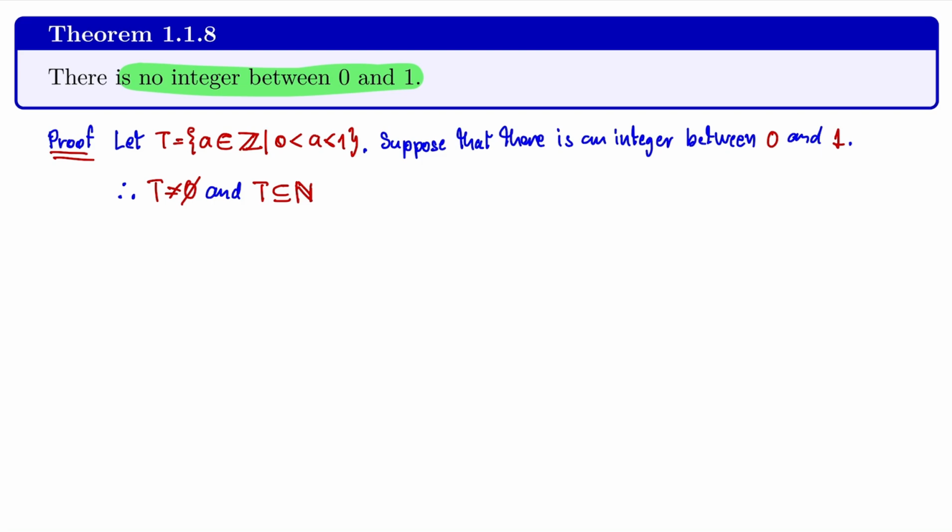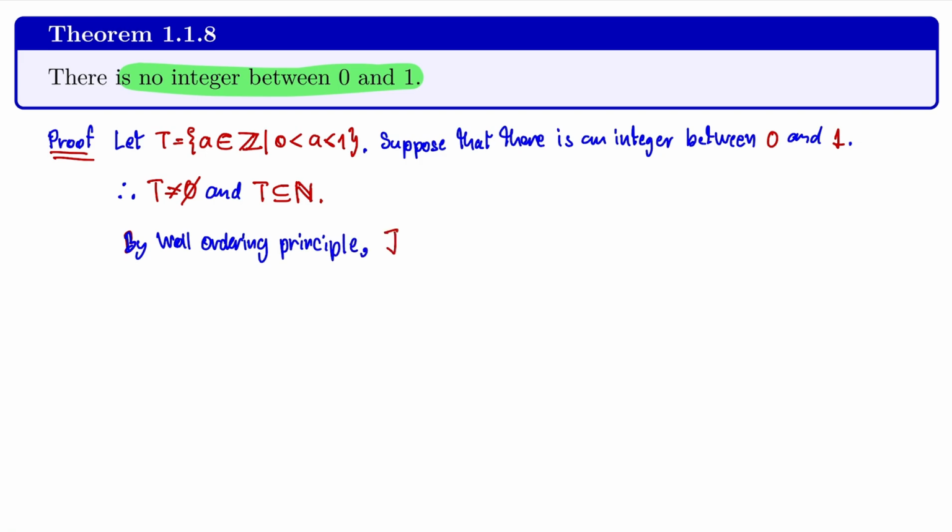So from this, we will use the well ordering principle. By the well ordering principle, what do we have?